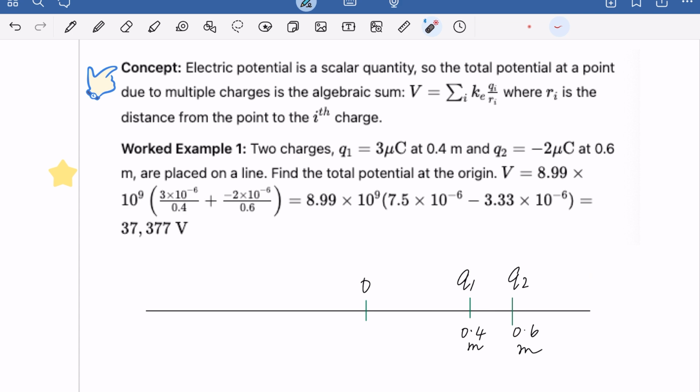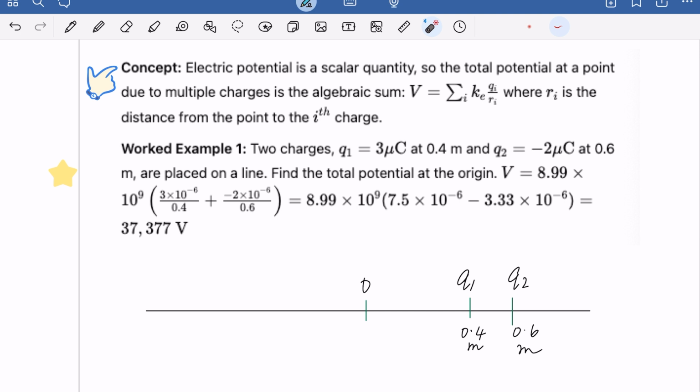So electric potential is a scalar, so the total potential at any point due to multiple charges is the algebraic sum. Now that word means, remember, if it's a positive charge, the potential should be positive. If it's a negative charge, then the potential is going to be negative. That's what the word means. And that's how it's written: the summation over all the i particles, KQi by Ri, where Ri is the distance from the point to the ith charge.